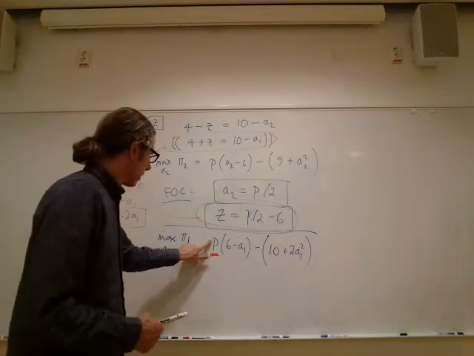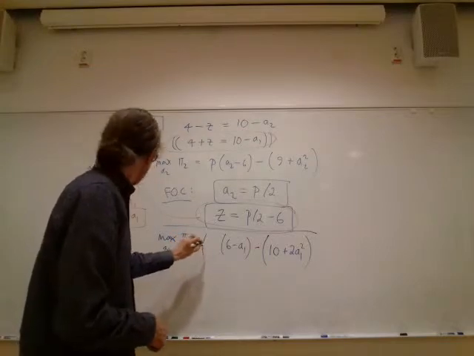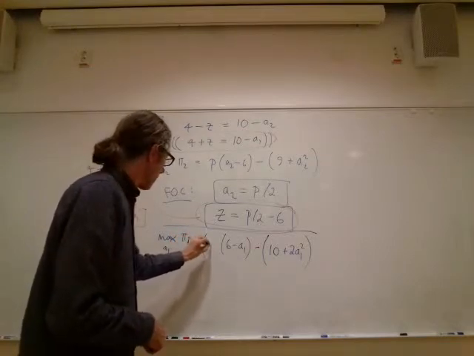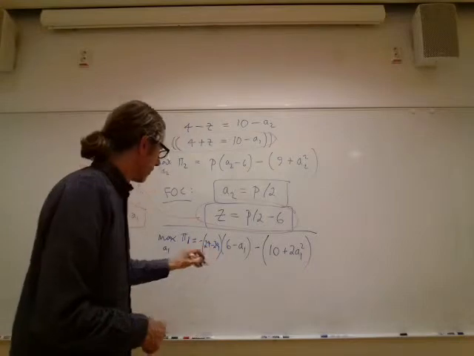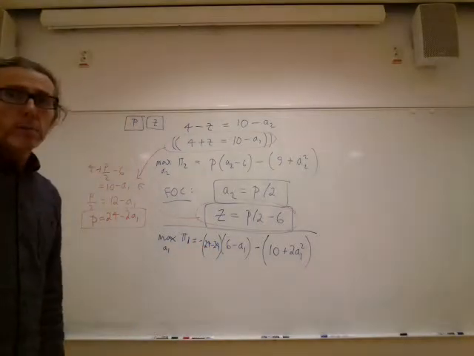So pi 1 is minus 24 minus 2A1, 6 minus A1, and so on.